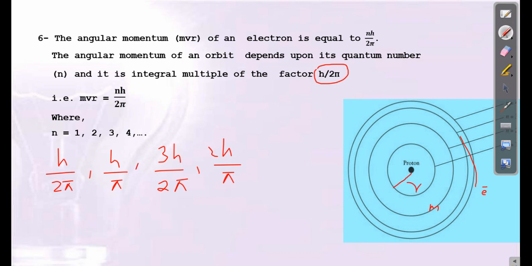Look at this. This one is the angular momentum of an electron in the first orbit, n equal to 1. This one is n equal to 2. Look at this, n equal to 3.